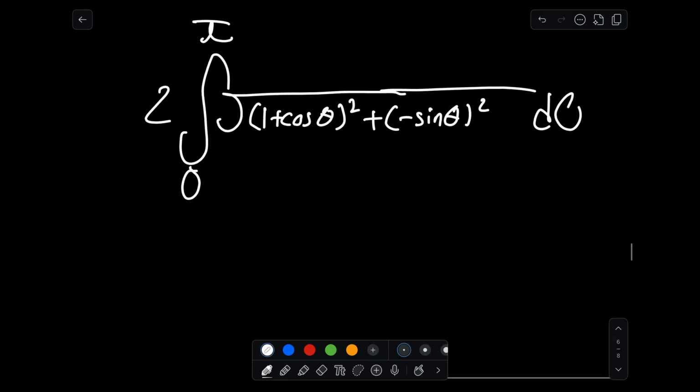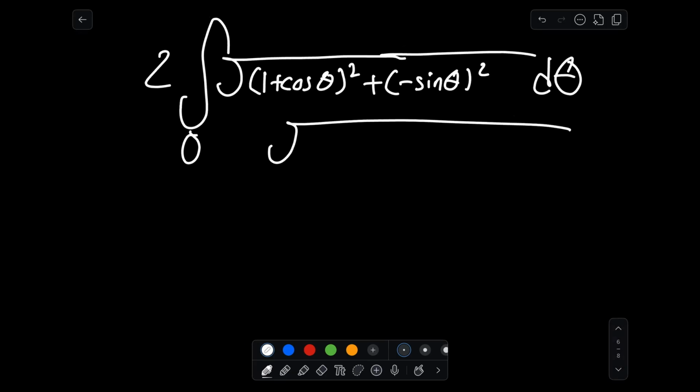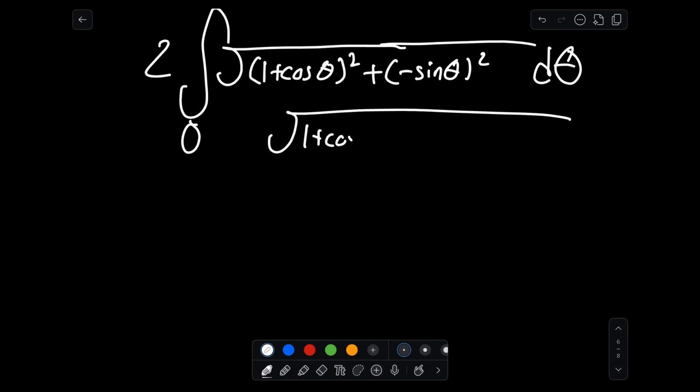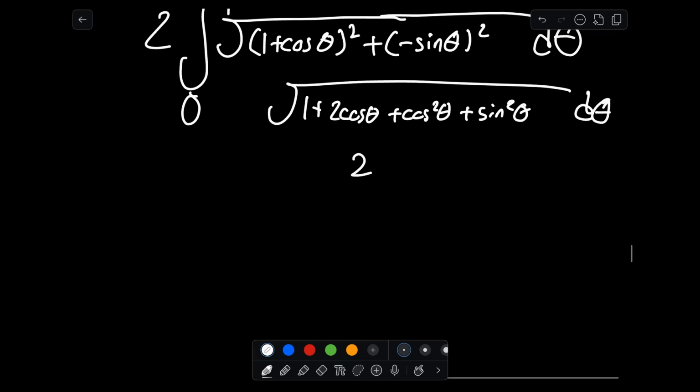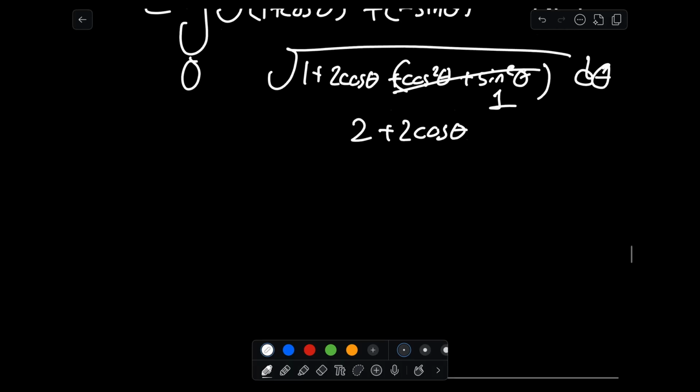d theta, this becomes 1 plus cosine, no, not cosine 2 theta. That'll come in later. 2 cosine theta plus cosine squared theta plus sine squared theta d theta. This becomes 2 plus 2 cosine theta. This goes to 1.